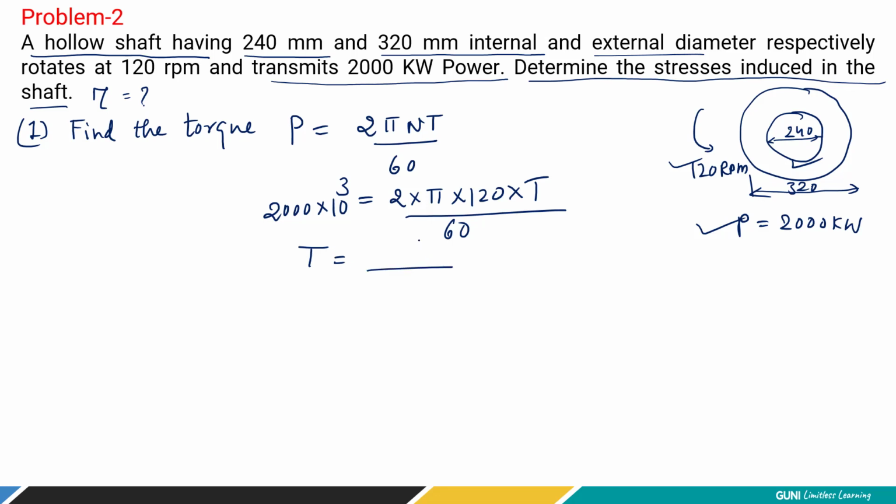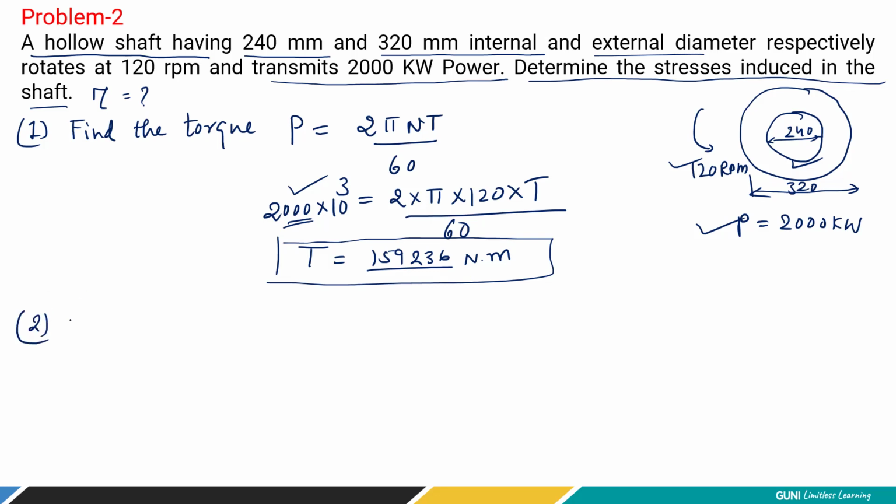The answer will be 159,236 Newton meter. This much torque is transmitted when you transmit 2000 kilowatt power at 120 RPM. So this is the torque. Now the second stage is to find the torsional shear stress, right?